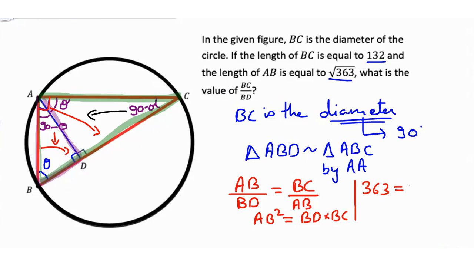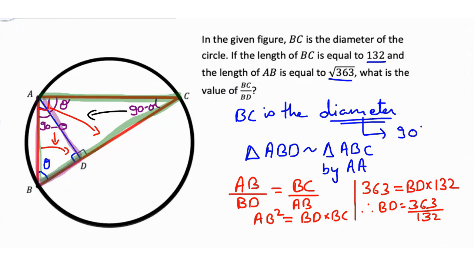Now BD is what we have to find. And BC is equal to 132. So we can break it here. BD will be 363 upon 132. If you want, you can divide it here or we can divide it in the other step. We need the ratio. We don't exactly need the value of BD.